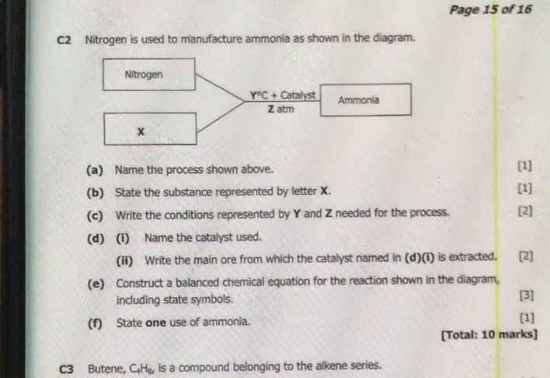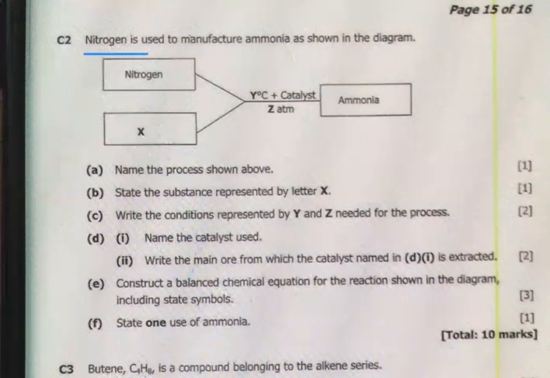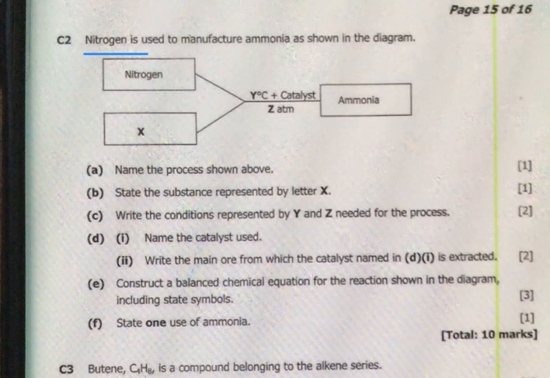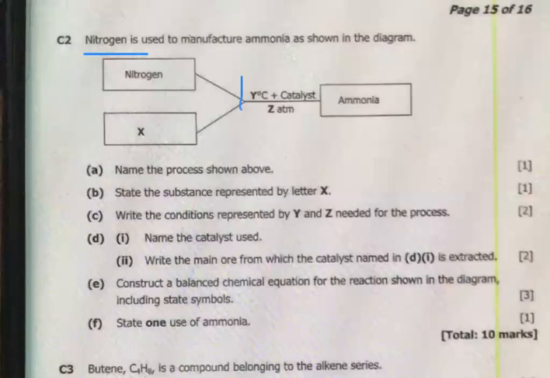So the question here says, nitrogen is used to manufacture ammonia. And we know that it's not nitrogen alone. There must be another gas. And they have given us a sketch diagram. We have nitrogen, gas X. These two are added together, and the first thing that should happen is that they must be compressed.